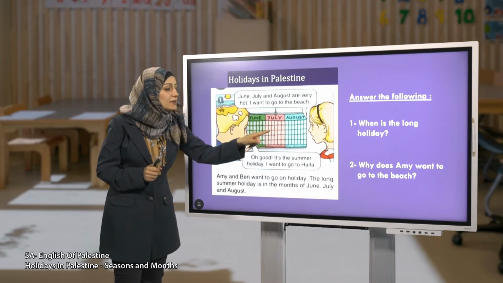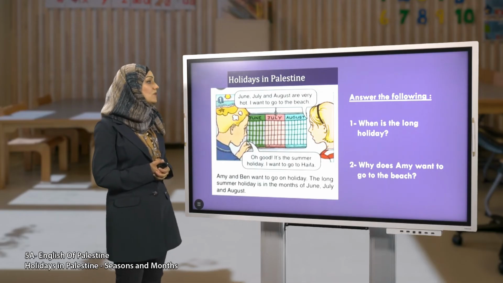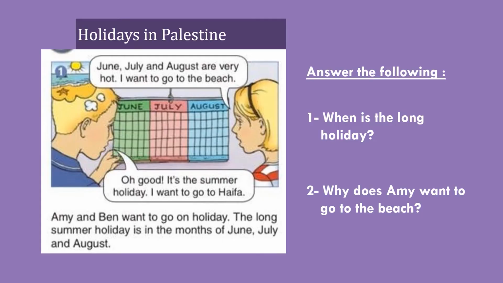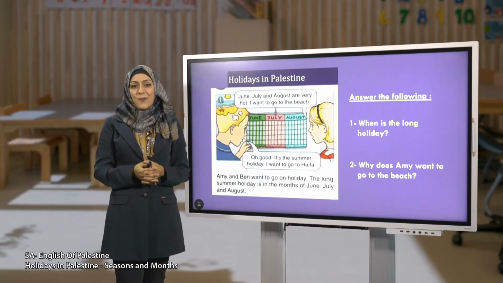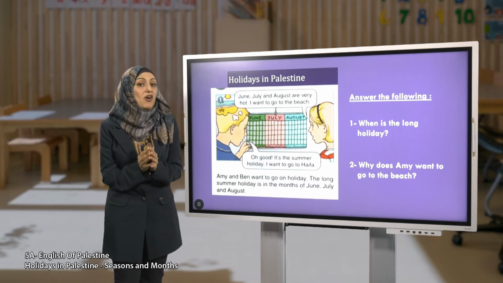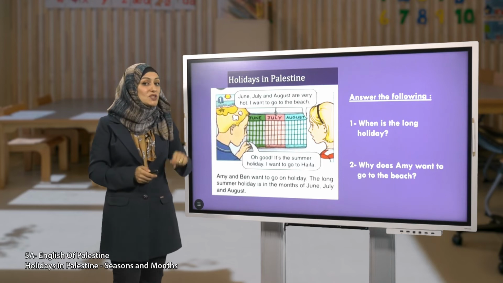Why does Amy want to go to the beach? Amy wants to go to the beach because in June, July, and August, it is very hot. Why is it hot in these months? Because they are the months of summer. Excellent, students.